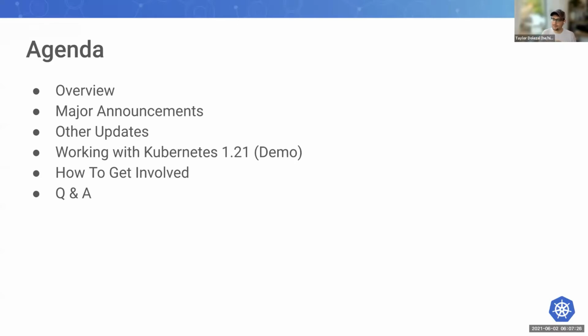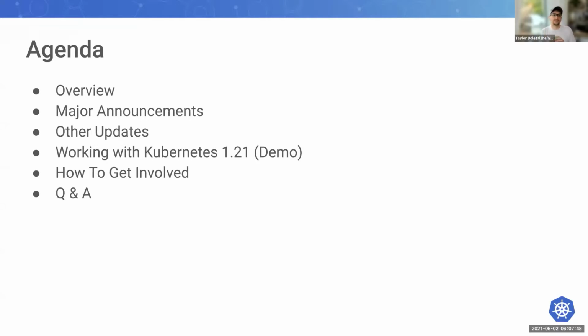Then I'll move into how to work with Kubernetes 1.21, and we're going to get into a demo there. That's going to be pretty short, and honestly, I'm excited to share on that front too, because there's quite a bit that you don't have access to as soon as Kubernetes releases.